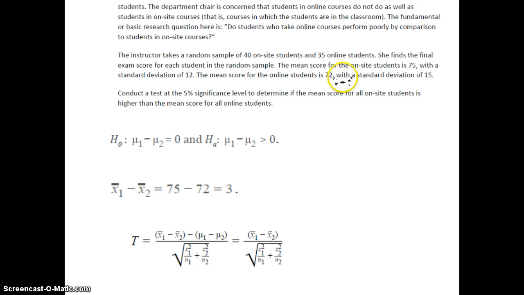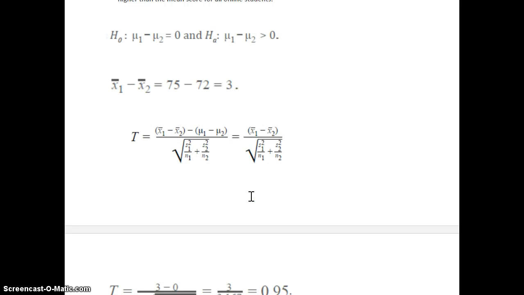Now, looking at the data here, the difference of the sample means is 75 minus 72, which is 3. In order to get the t-value, it's x1 bar minus x2 bar, minus the difference of the population means. We're assuming from the null hypothesis the difference of the population means is 0, so this term goes away.